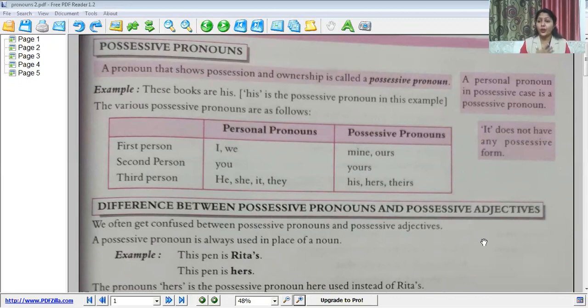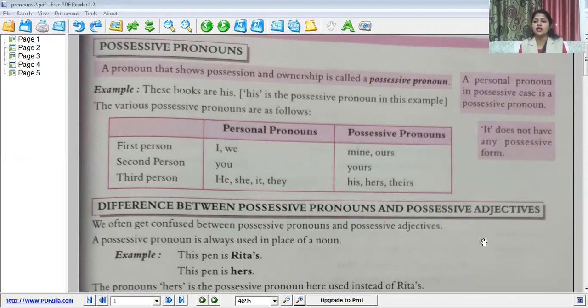We will be ours. The second person, you, will become yours. The third person, he, will become his. She will become hers. And they will become theirs.